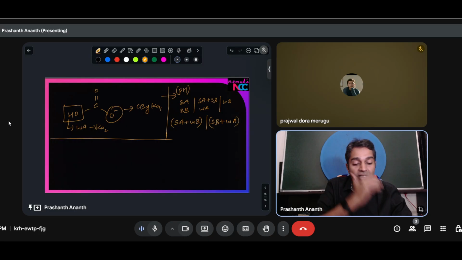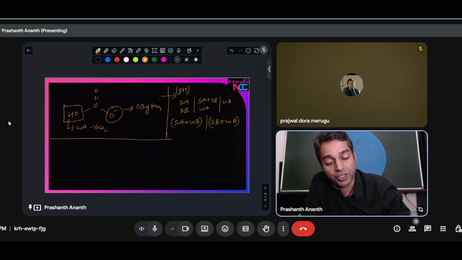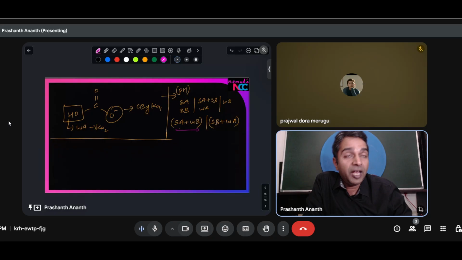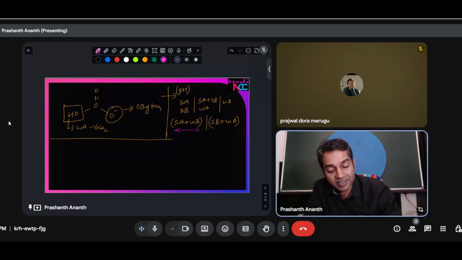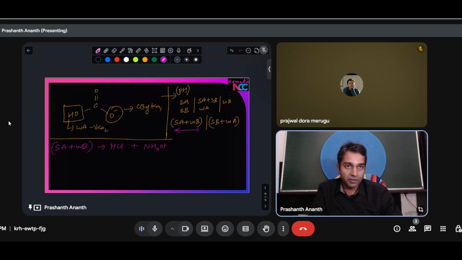So if I'm looking at a strong acid plus weak base solution, what is going to be happening over here? In this case, there are many different scenarios. So let's take a simple strong acid and a weak base and try to analyze. How do I look at the different cases here? This means I can have HCl plus NH4OH, or ammonia, whichever way you should call it.